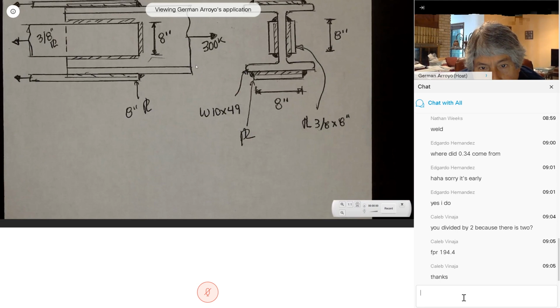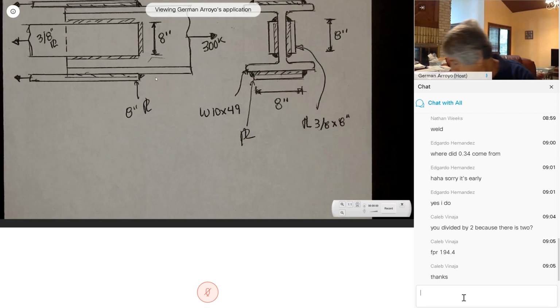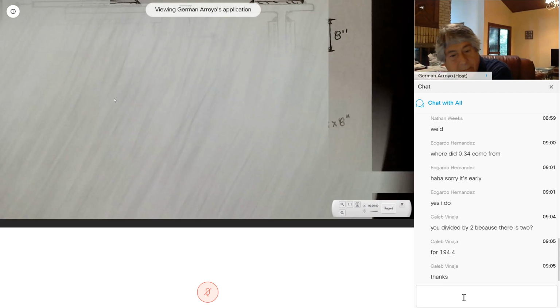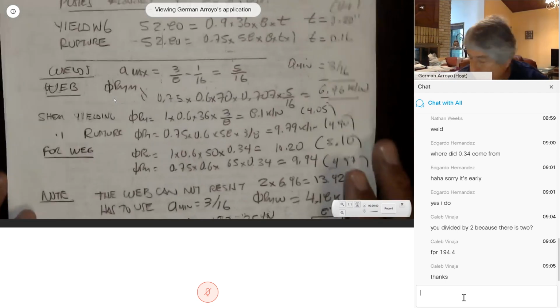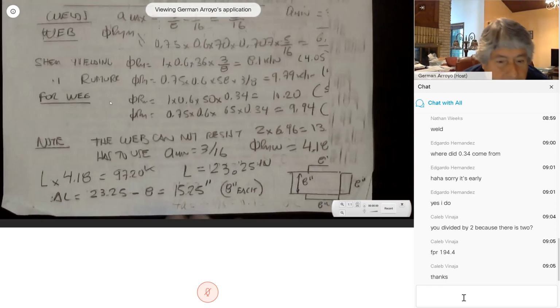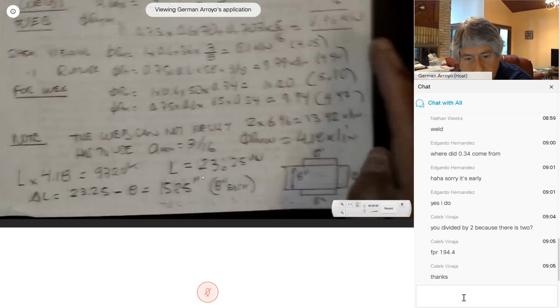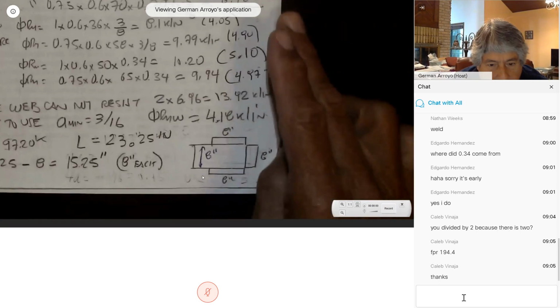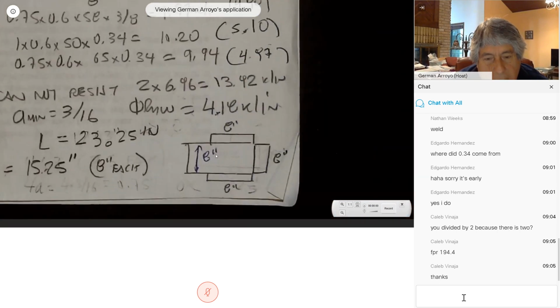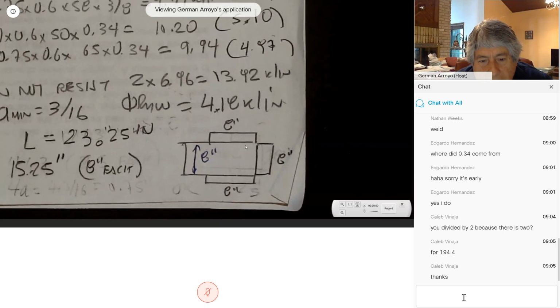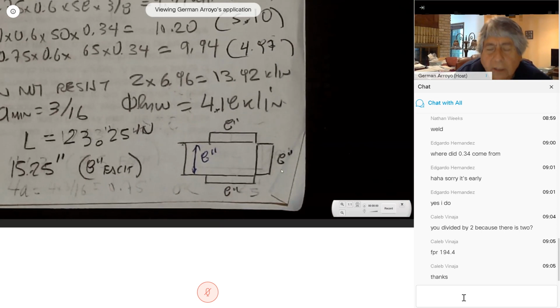So on this side and on that side, I already had determined the weld. So this is what I have, 8, 8, 8. What else do I need to do in here?